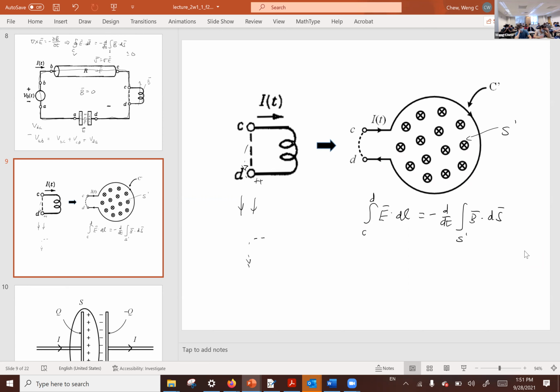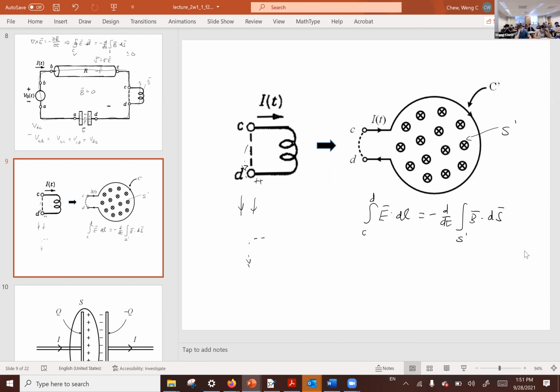So you see that the flux linkage gives rise to what we call the Lenz's law effect, giving rise to electromotive forces opposite to the applied electric field.